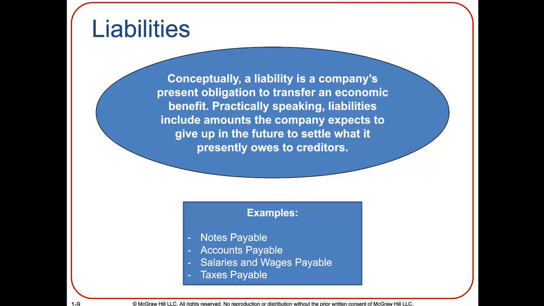Now, let me say one last comment about assets. Assets is typically the most, I don't want to scare you, complicated side of the balance sheet, just because we've got so many different kinds, okay? But when we switch over to liabilities, liabilities are pretty straightforward, okay?